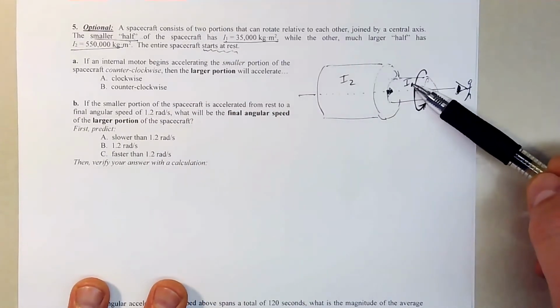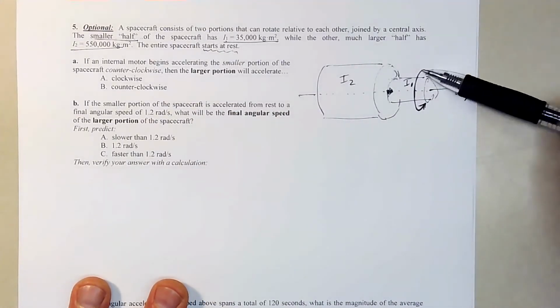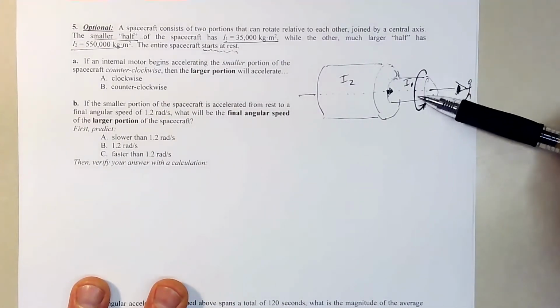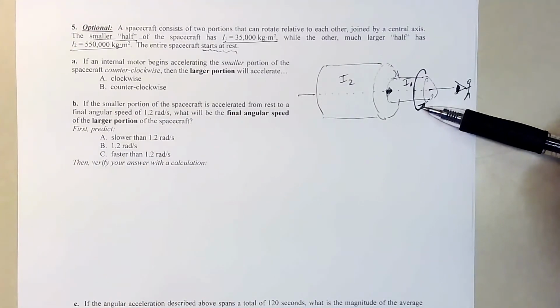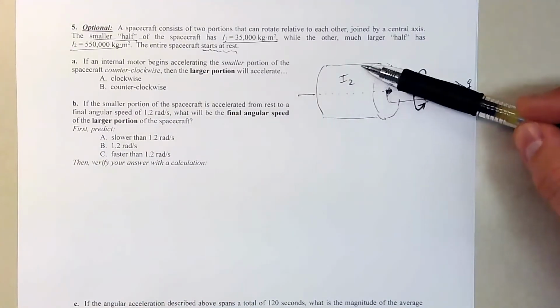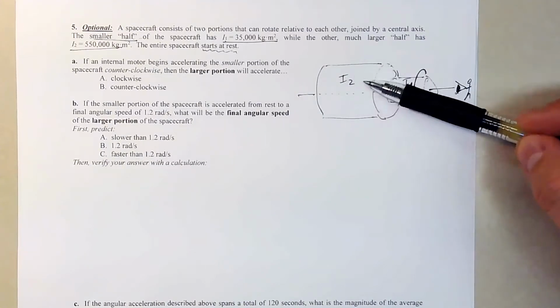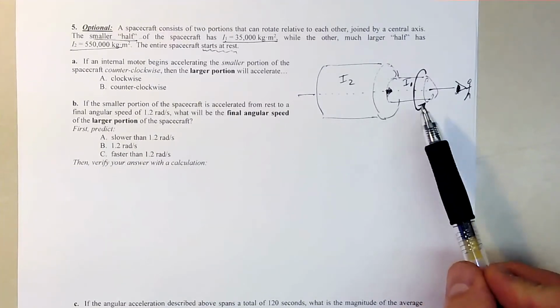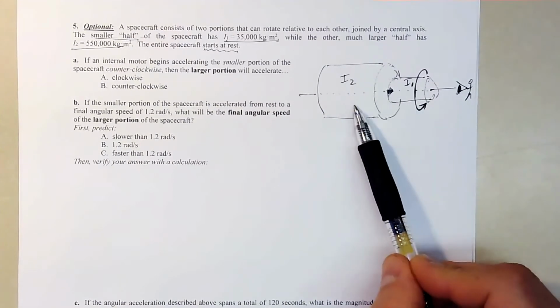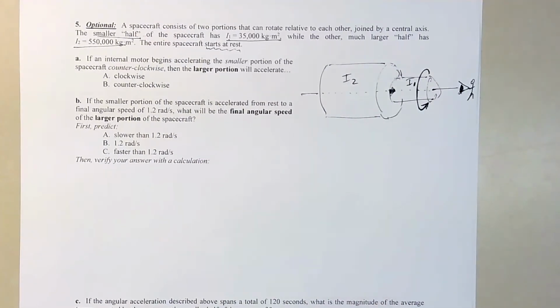If part 1 of the spacecraft starts to obtain a positive amount of angular momentum, which is our sign convention for counterclockwise, then part 2 of the spacecraft must start to attain at the same time some clockwise angular momentum. That would be negative. That way, when we add the positive to the negative angular momentum later, they will still add up to 0, just as they did at the start.